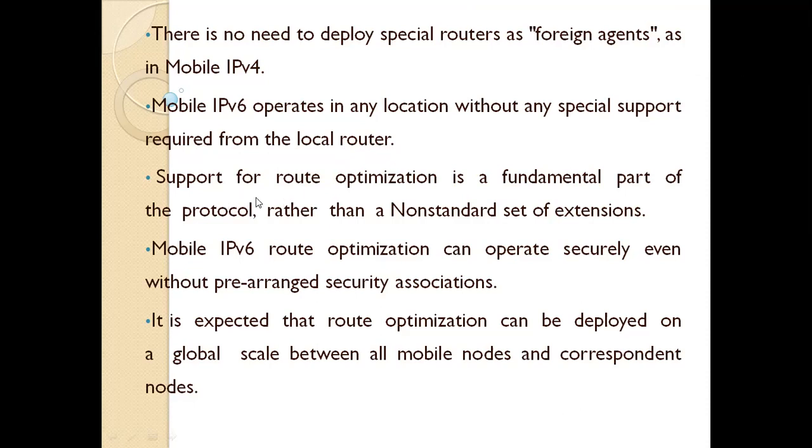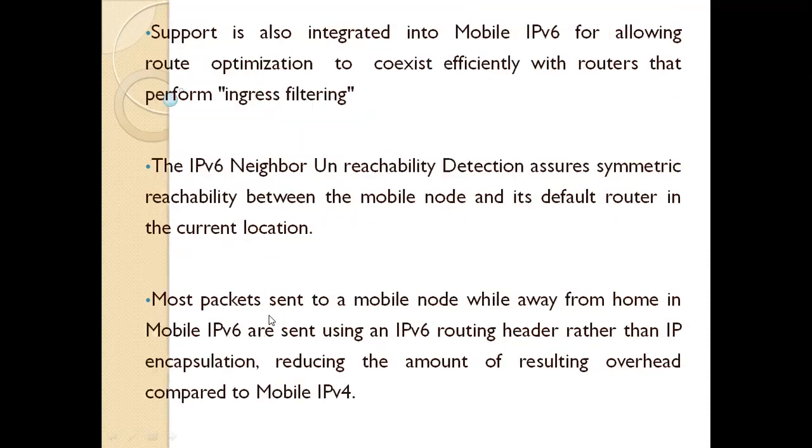The support for route optimization is a fundamental part of the protocol rather than a non-standard set of extensions. Mobile IPv6 route optimization can operate securely even without pre-arranged security associations. It is expected that route optimization can be deployed on a global scale between all mobile nodes and correspondent nodes.